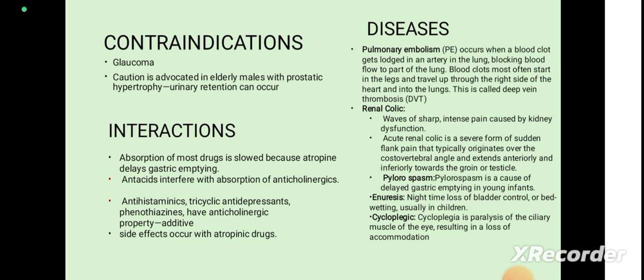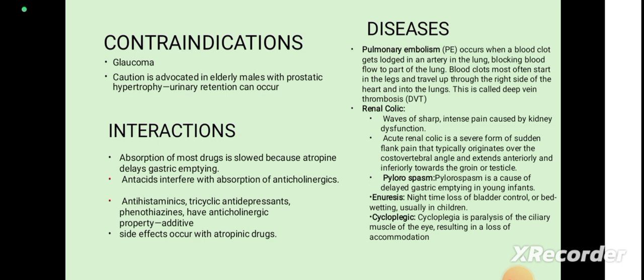Renal colic: waves of sharp, intense pain caused by kidney dysfunction. Acute renal colic is a severe form of sudden flank pain that typically originates over the costovertebral angle and extends anteriorly and inferiorly towards the groin or testicle.